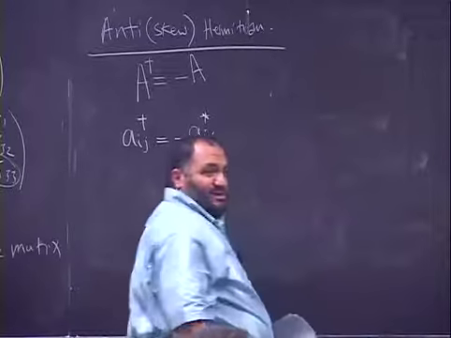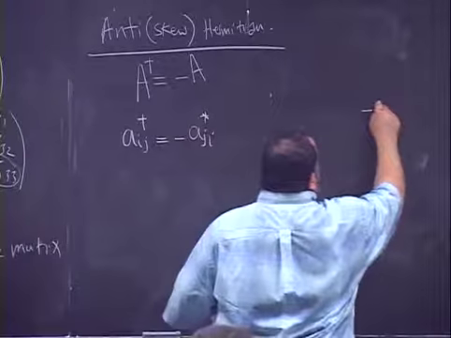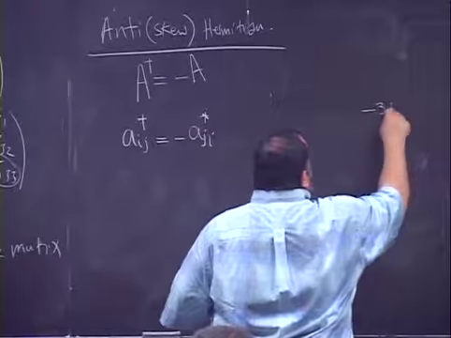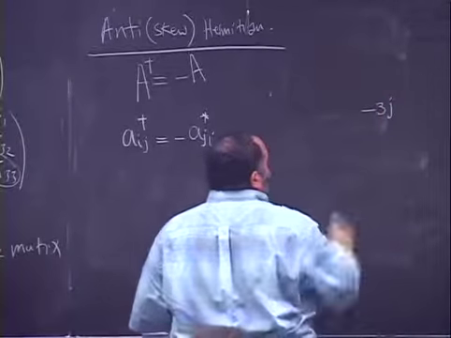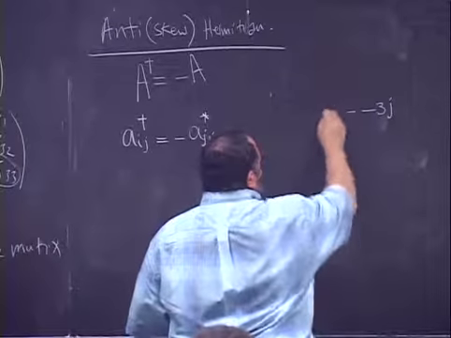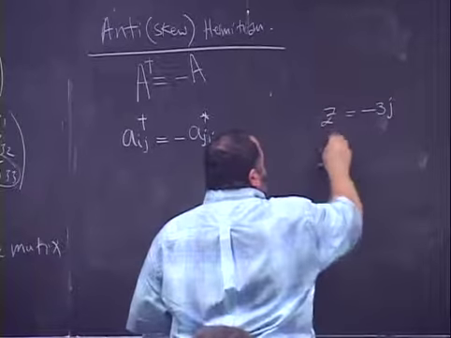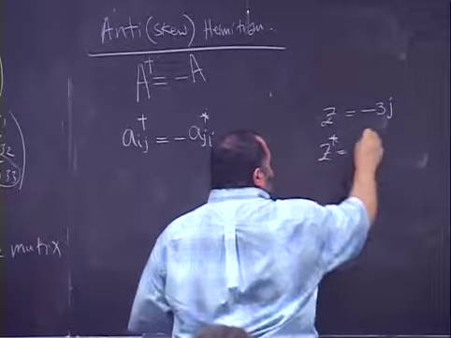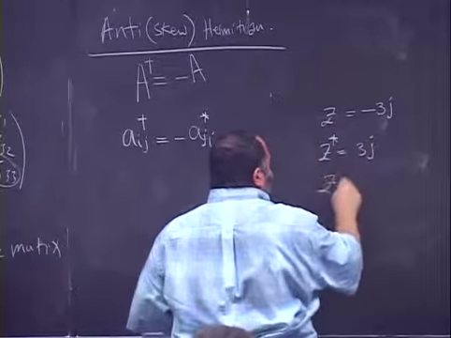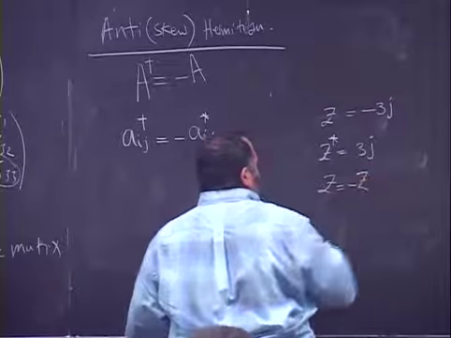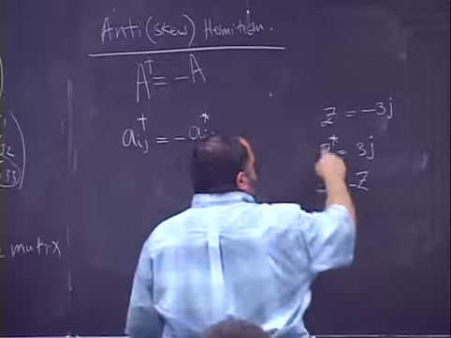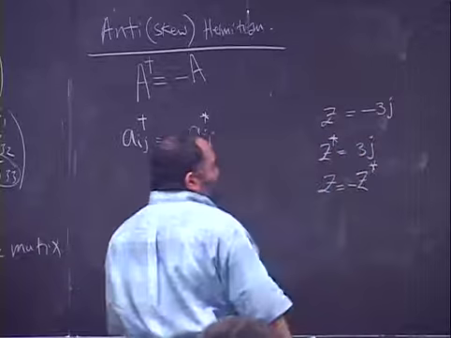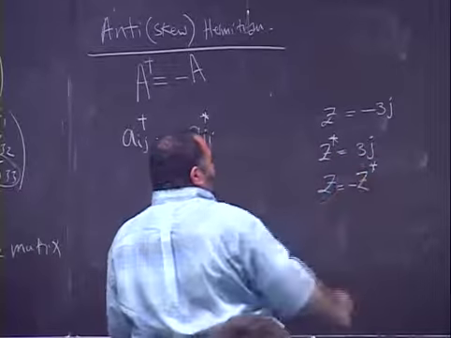Yes? So if you have negative 3j, this is the number. Let's say z. And what's z star? So when z equals negative z star, it means that the number is what?